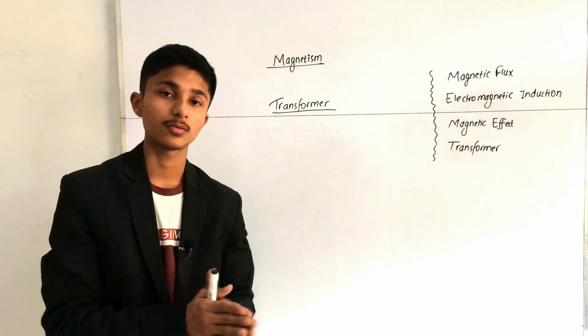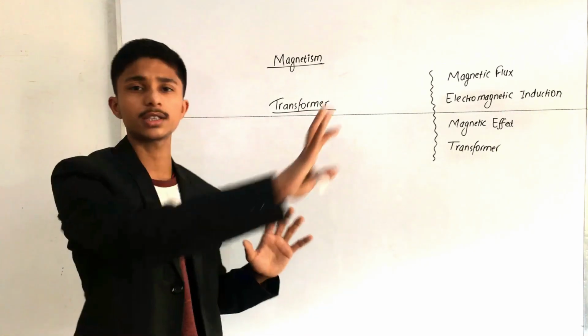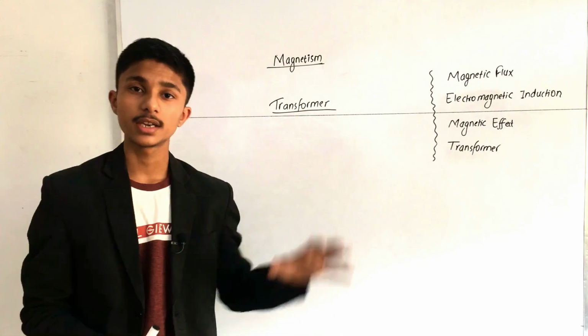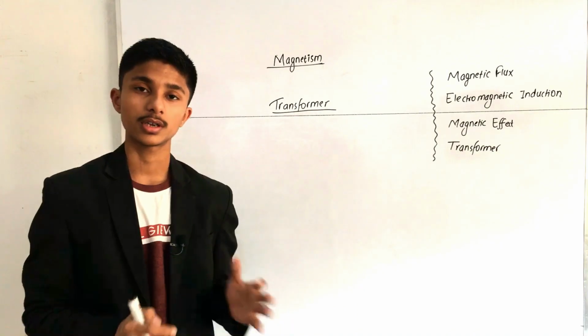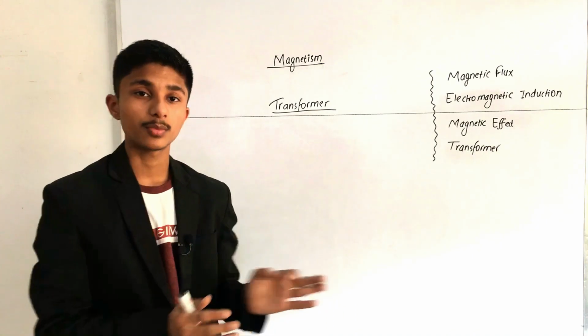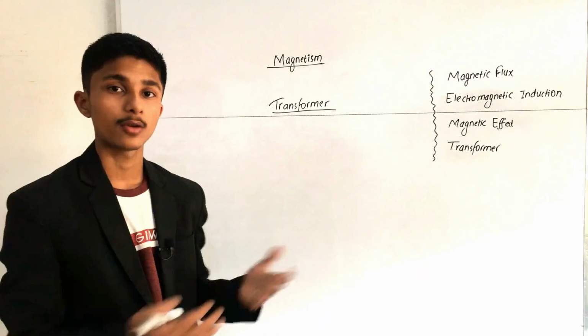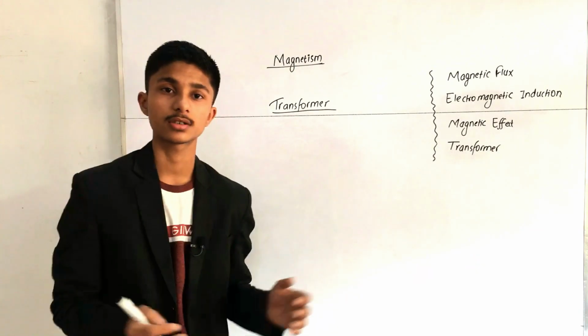When the current is passed over a long distance, the potential difference decreases. And we all know that when potential difference decreases, it is very difficult to get electricity.